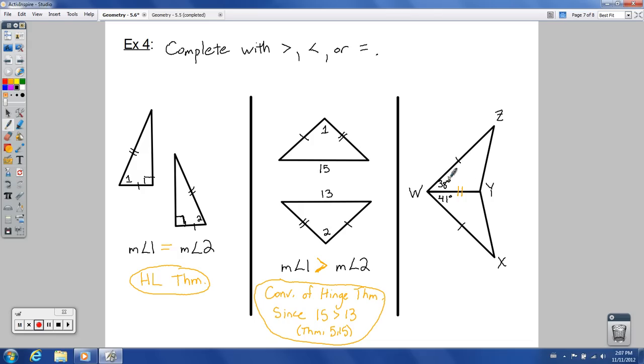Okay, so what angle is bigger? This angle is bigger. So what side is bigger? This side is bigger. So we have two corresponding congruent sides. The angle in between them is the one in question, the one that's different from here to here. So we want to say not the measure of the angles now, but we want to compare the side lengths.